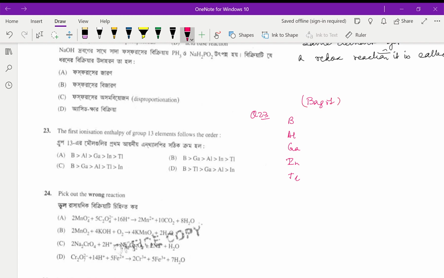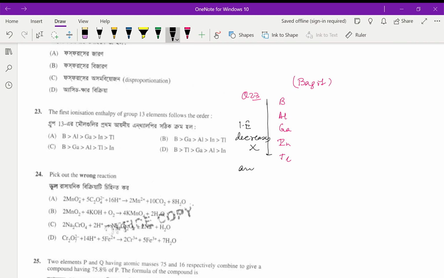Now this will not follow the trend we have studied, that as we go down, IE decreases. This will not be followed. There is an anomaly over here. What is the anomaly?